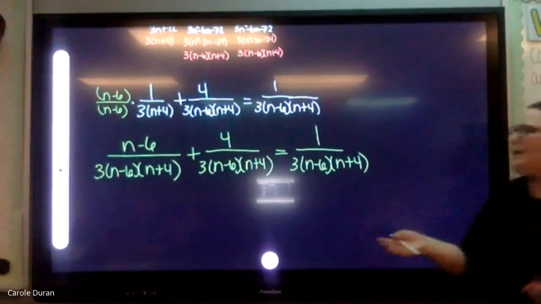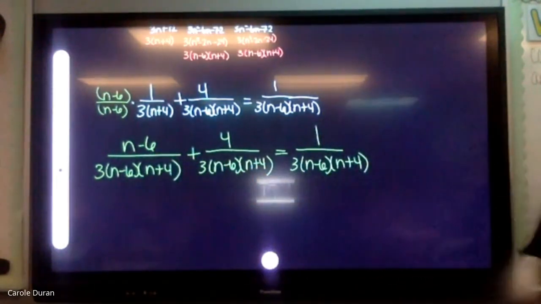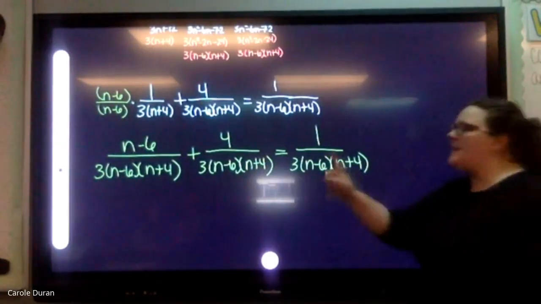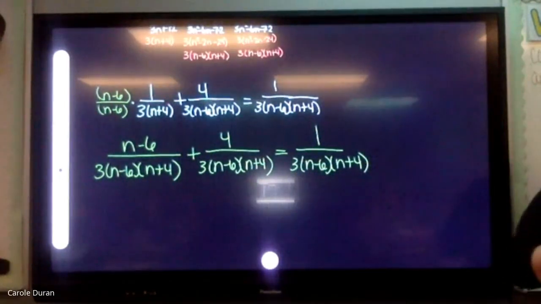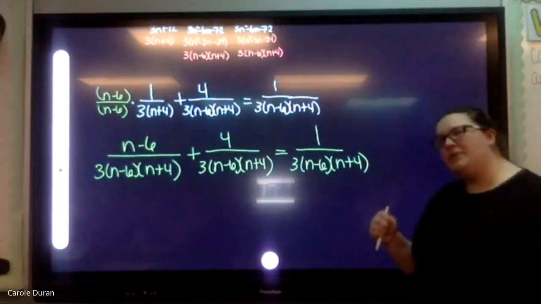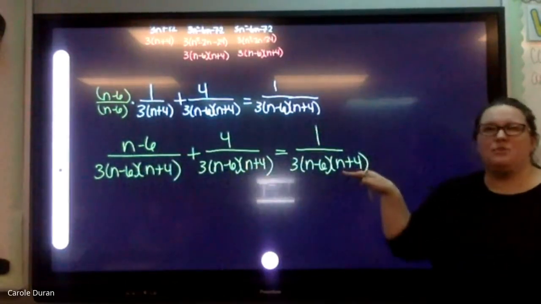So he is correct. We are going to combine the n minus 6 and the plus 4 because they're on the same side of the equal sign. When I combine them, I'm just combining their numerators. So what's n minus 6 plus 4 going to simplify into? n minus 2. I also know that it's going to become this denominator, and then my denominators will be the same.